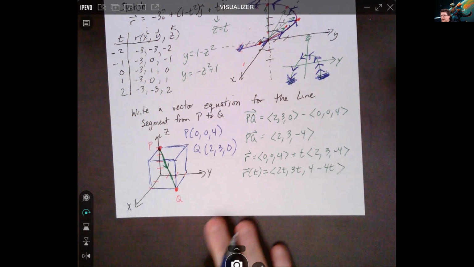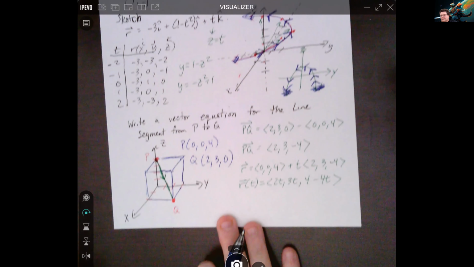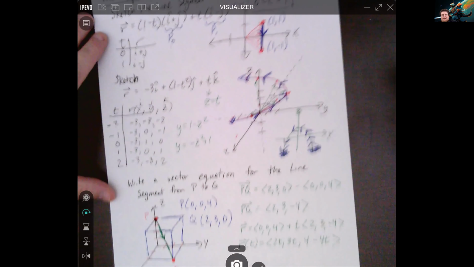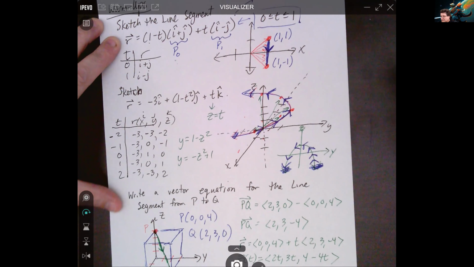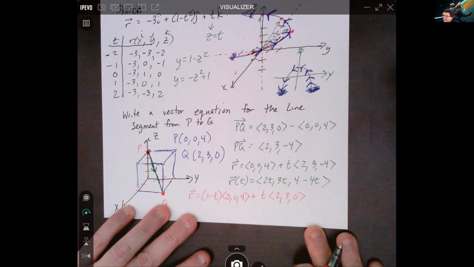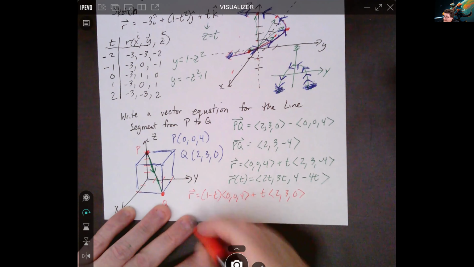There was another way in this section, and we led with it actually. This format up here. So we use R equals 1 minus T times 0, 0, 4 plus T times 2, 3, 0. So how does that work out?